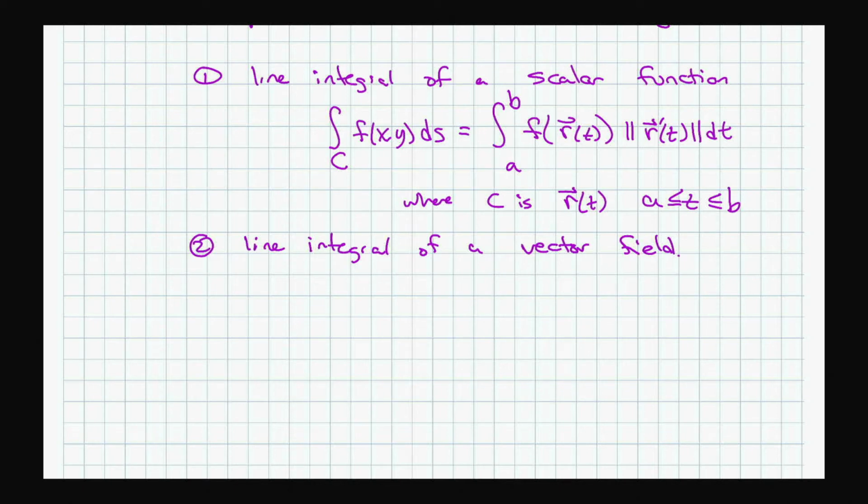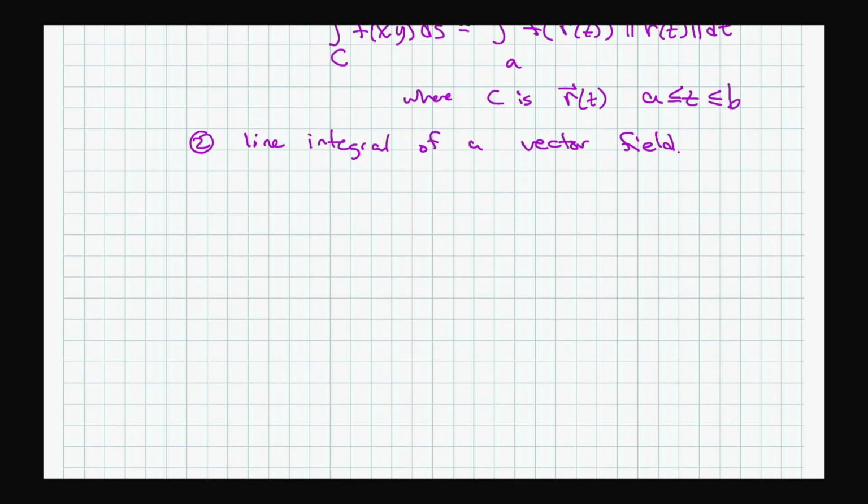If you remember, they were given this way to start with, the integral over C, and they wrote F dot T ds. That turned out to not be how you actually did them, because what you ended up doing was an integral from a to b.